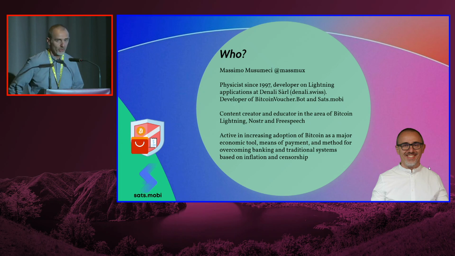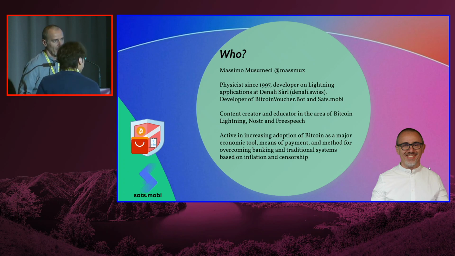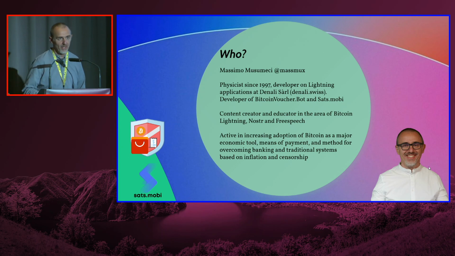And I work also on sats.mobi, which is an open source project forked from Lightning Tip Bot, which provides some useful features in terms of Lightning transaction management. I am also a content creator in the area of Bitcoin, Lightning Network, Nostr, and free speech.